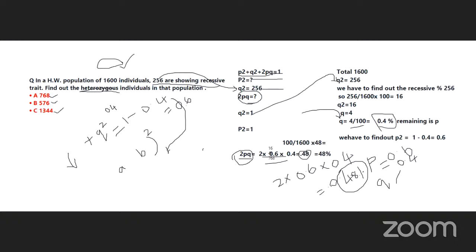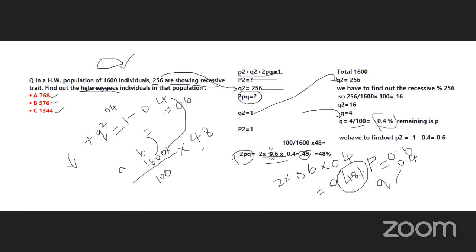You multiply these things. 48%, how will you calculate? See, 100% is 1600, so 1600 into 48%.